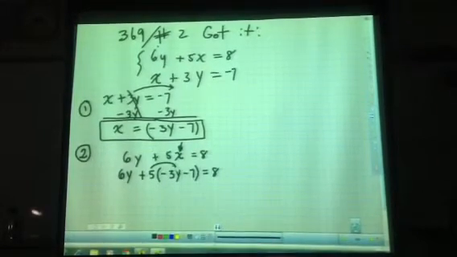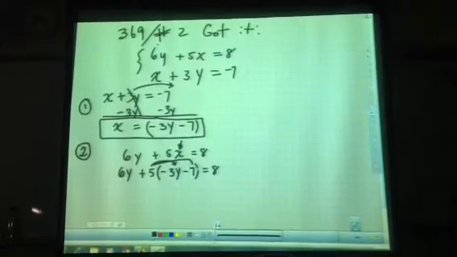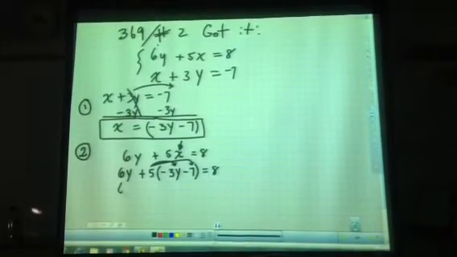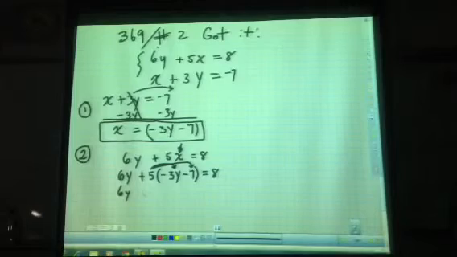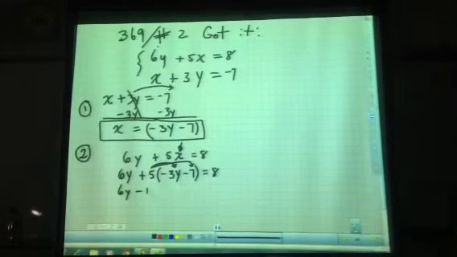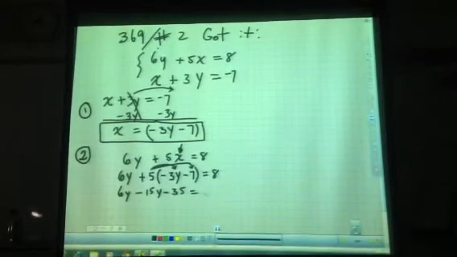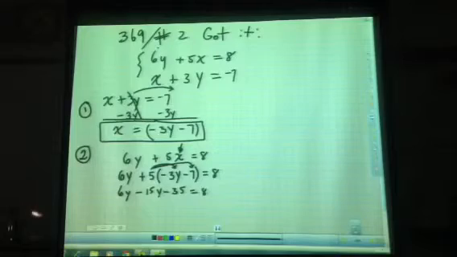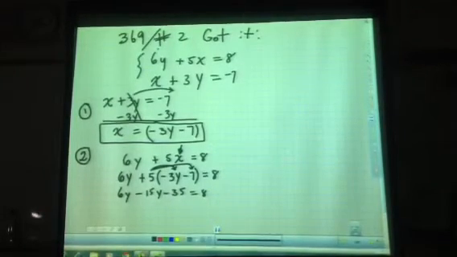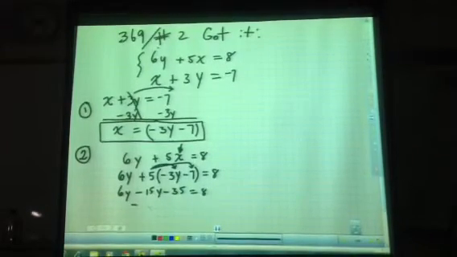Distribute the 5. So you get 6y. Now 5 times -3y is minus 15y, 5 times -7 is minus 35, and that equals 8. 6y's minus 15y's, you could use your calculator, you're going to get negative, what is that?